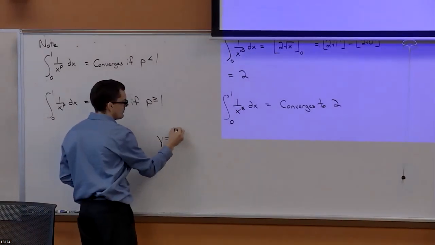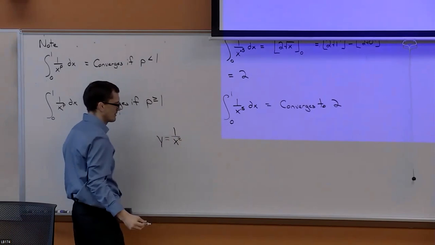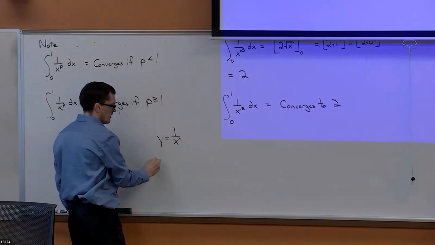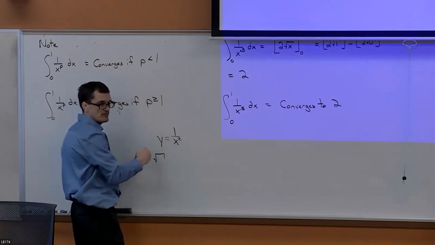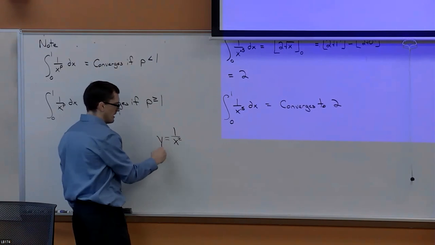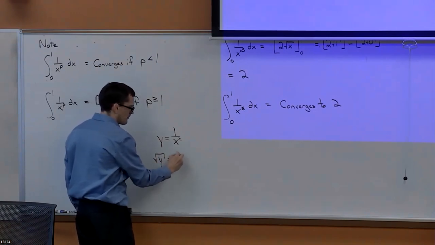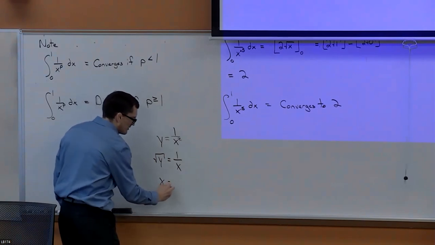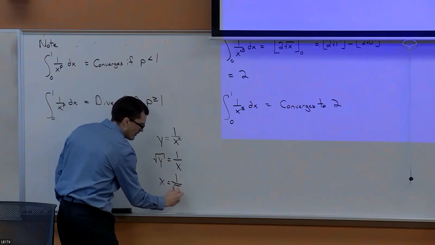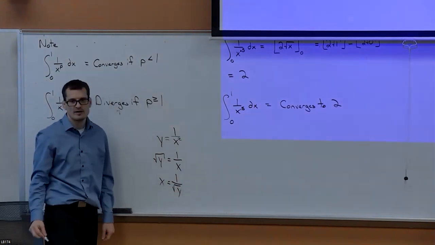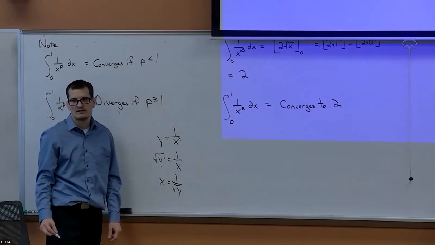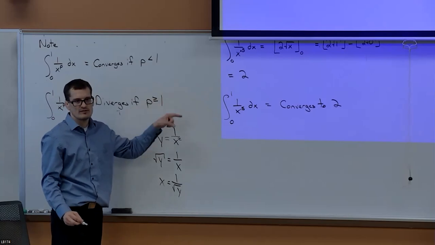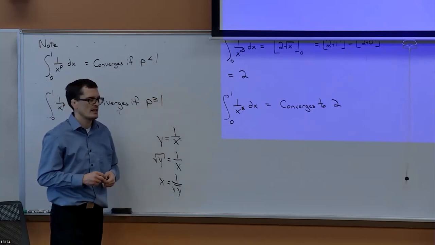If you go y equals 1 over x squared, that means, again, let's use positive values for x and y, take the positive square root of both sides. That means x is equal to 1 over the square root of y, right, or y to the 0.5 power. So basically, they're flipping the roles of x and y in that sense.